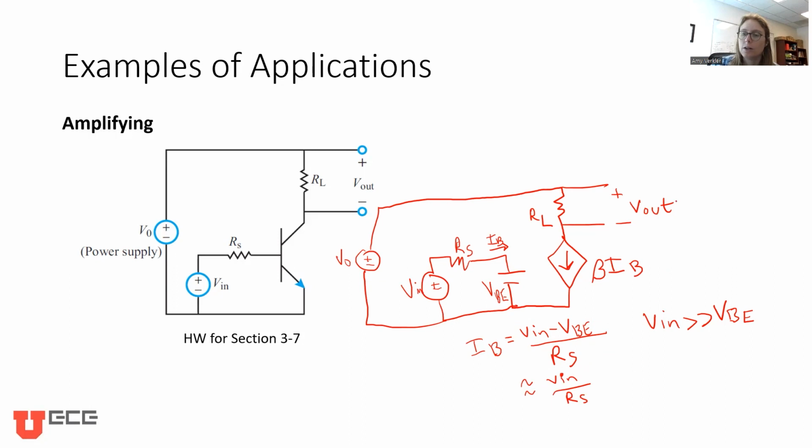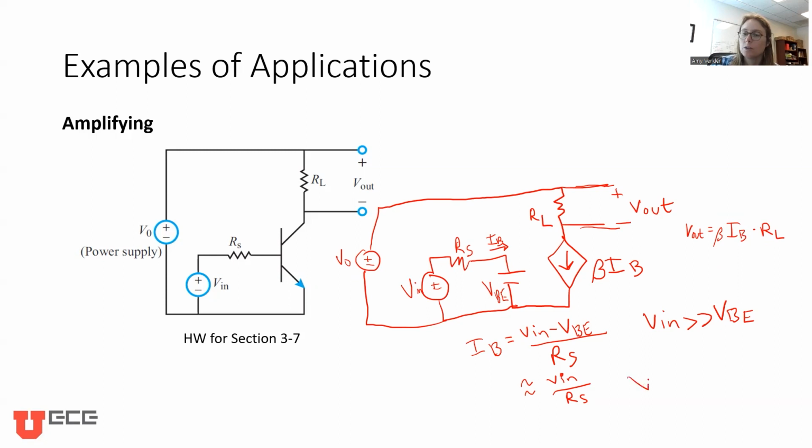Okay. And so how does V out relate to this IB? Well, let's see. We're just measuring voltage here, so no current flows. That means that beta IB is flowing through the load resistor there. So V out is equal to beta IB times RL.